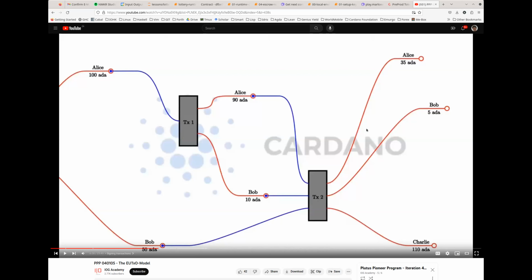But there are additional tools. One is called dbsync that indeed feeds a database. You can set up dbsync and connect it to a Cardano node, and then you end up with a database that has the whole history of the blockchain, and you can query it with SQL. You can ask also for past UTXOs and all transactions that ever happened.